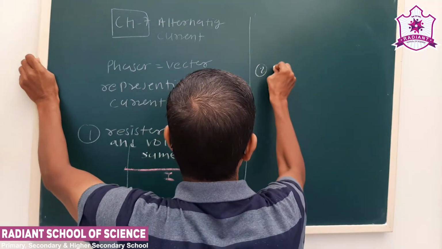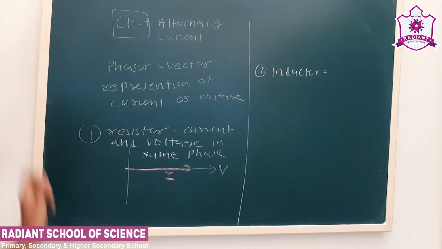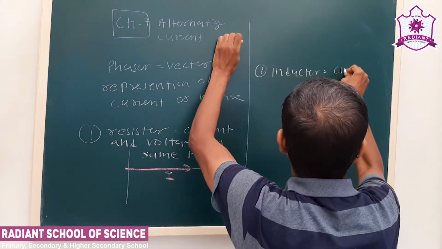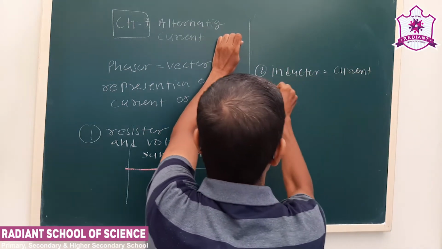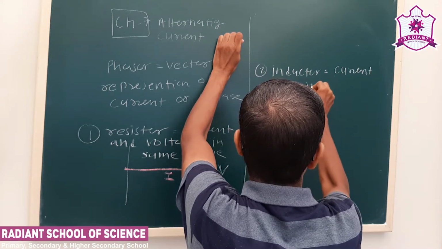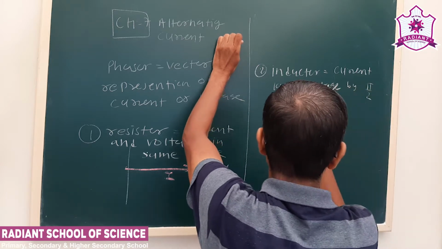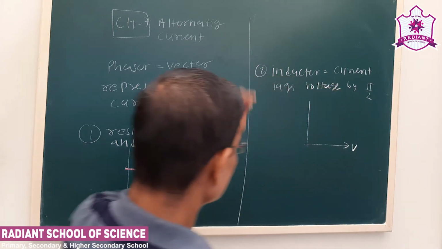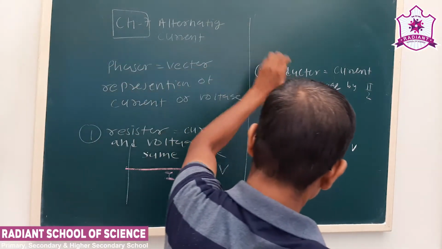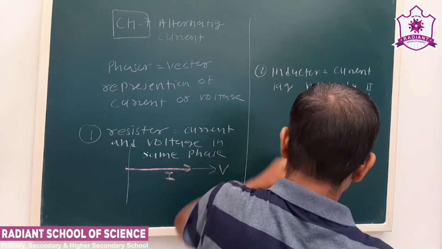Now in an inductor, current lags voltage by pi by 2. Now this is a voltage phasor.